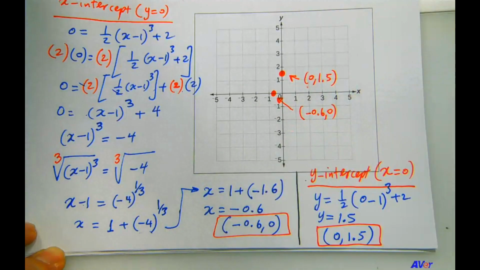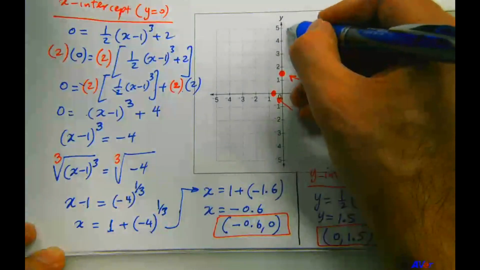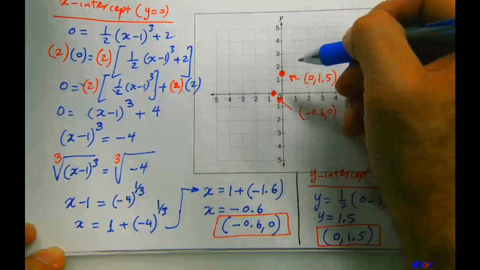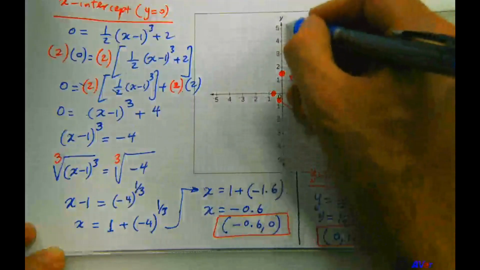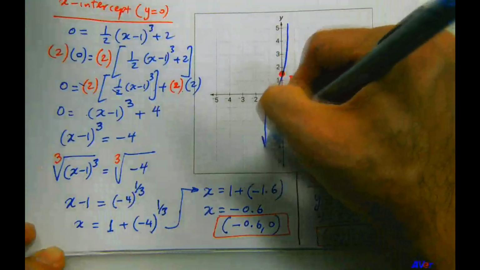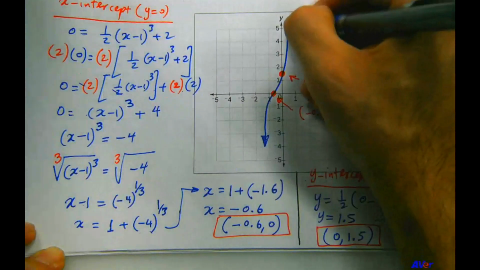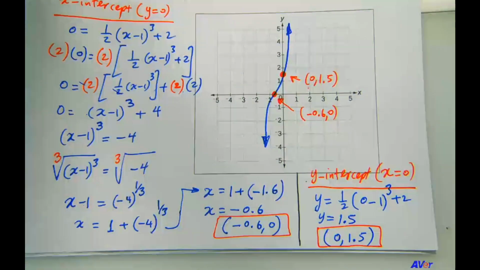So let me draw my graph as best as I can. Let's see, did I account for that? Yes, I did. So it'll be like this, coming through here and then going through that. So that's just a manual construction of that. Let's go back to the computer.